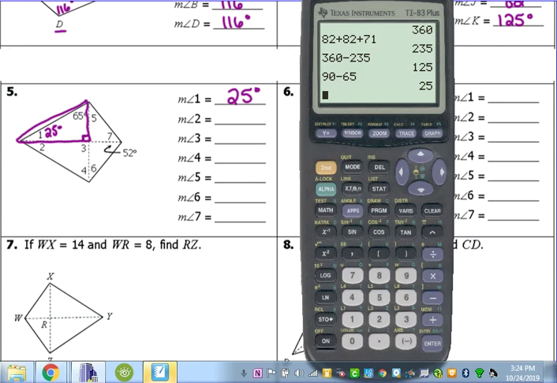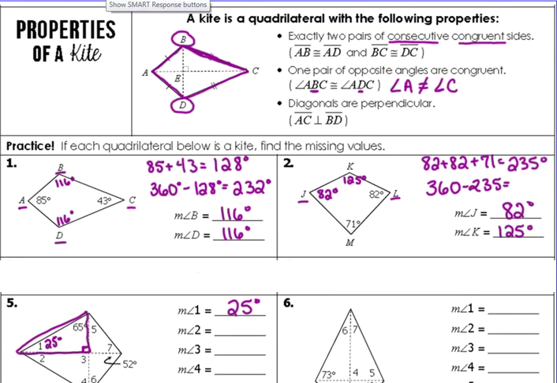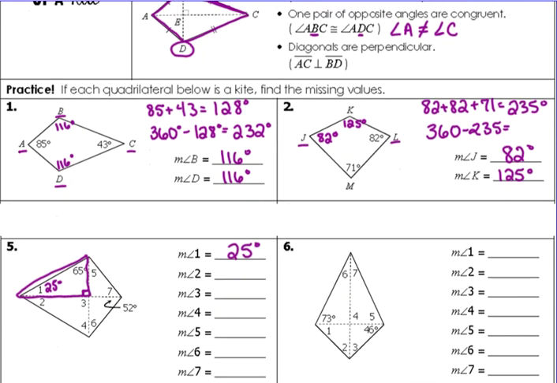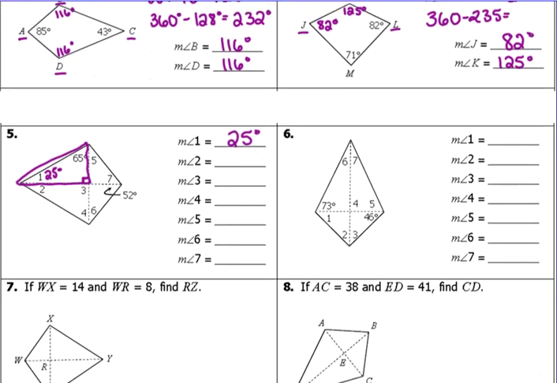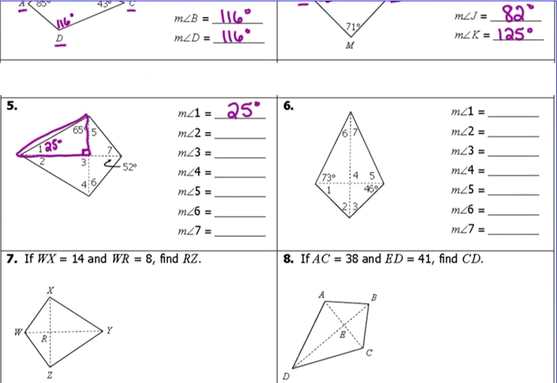Let's go back up to our properties. The diagonals are perpendicular, but I believe that the diagonals also bisect each other. So if angle 1 is 25, then angle 2 is also 25 degrees. Angle 3 is there in the middle. It's a right angle, 90 degrees.